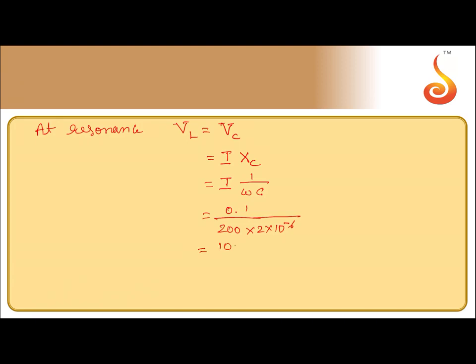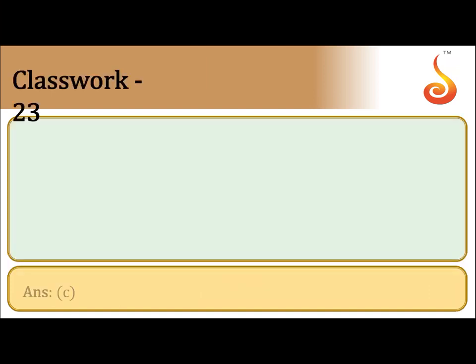So that turns out to be 1000 divided by 4, that is 250 volt. That is option C.